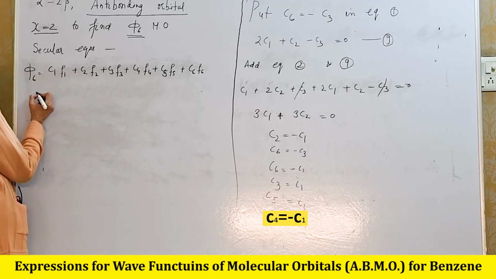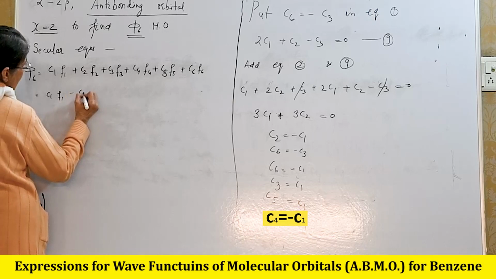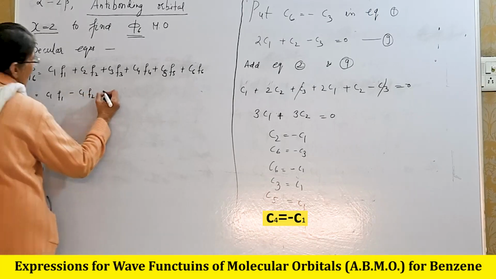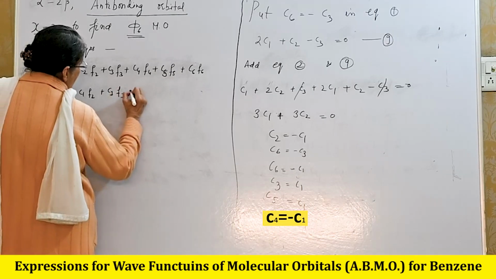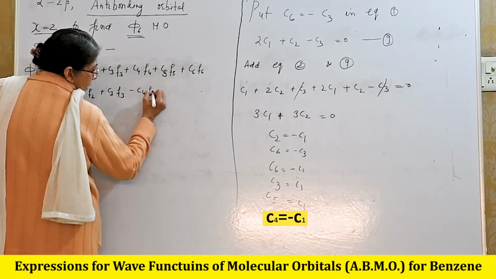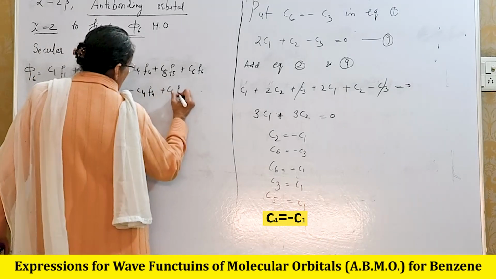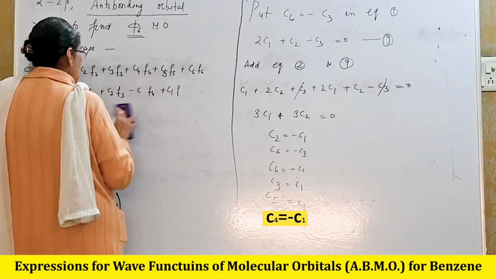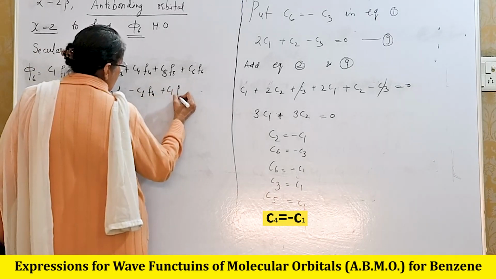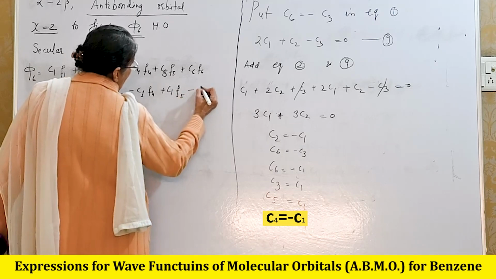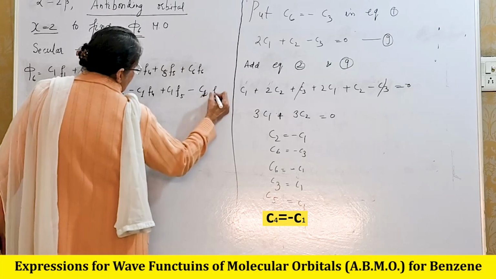Then in terms of C1, it is C1 F1 minus C1 F2 plus C1 F3 minus C1 F4 plus C1 F5 minus C1 F6.